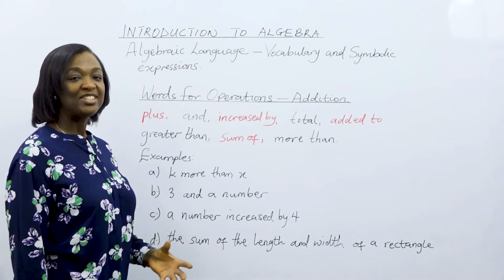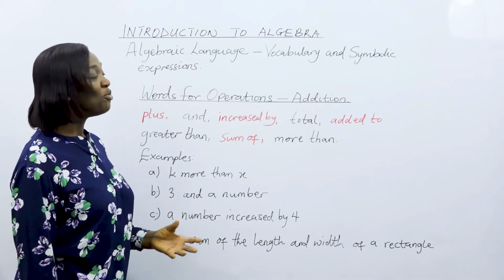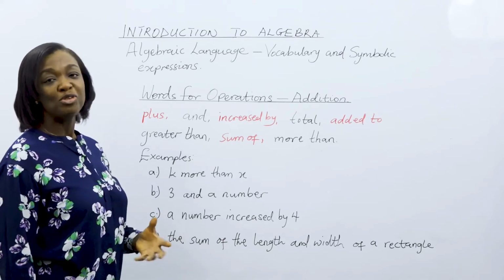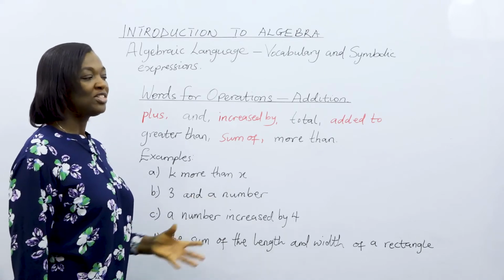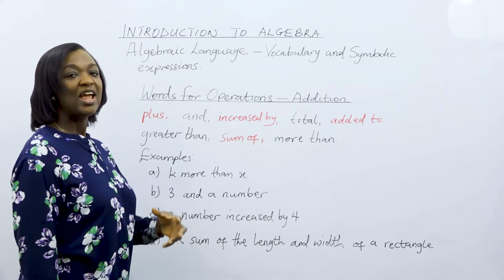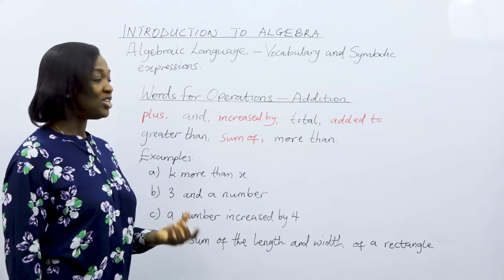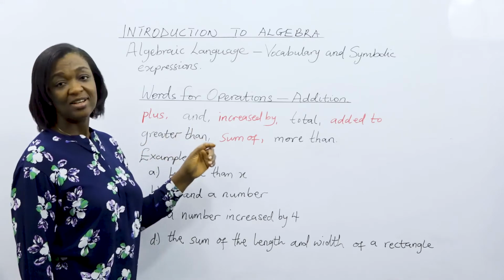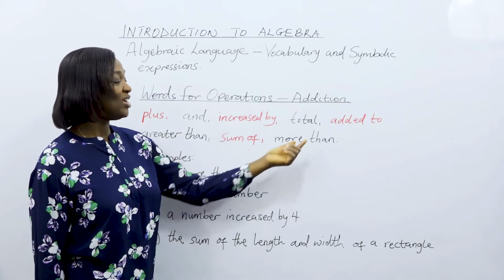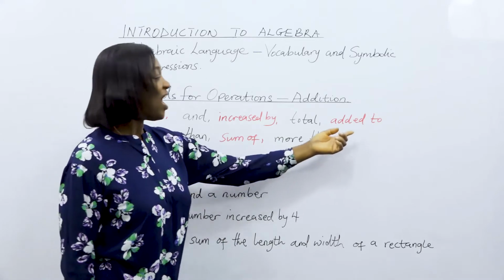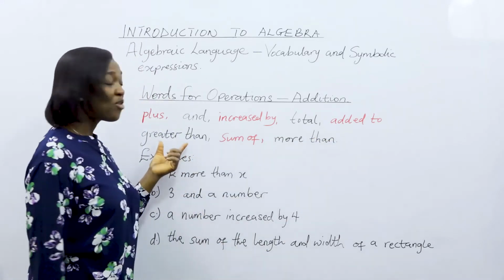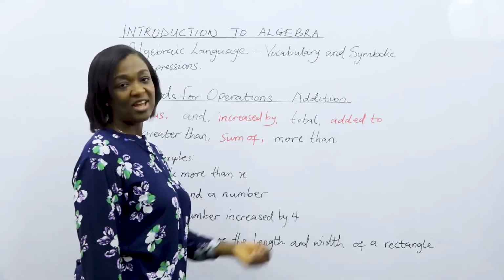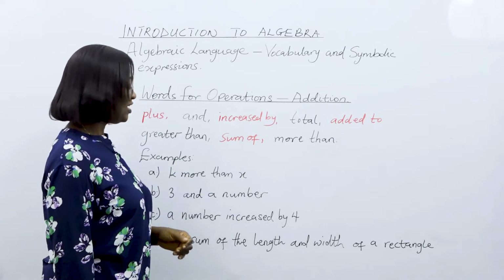Next, we want to identify the words that will mean addition. When do you use addition? What words do you see or read in a word problem that will mean addition? Words like plus, and, increased by, total, added to, greater than, sum of, more than, and so on.